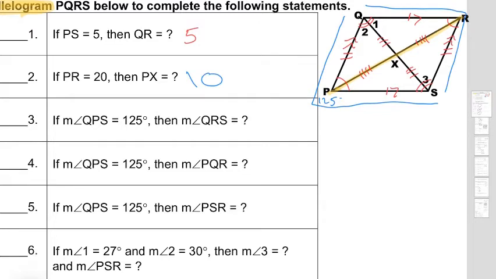Well, what do we know about opposite angles of a parallelogram? They're congruent. So if QPS is 125, that means QRS is also 125. And I erase it. Don't need it.